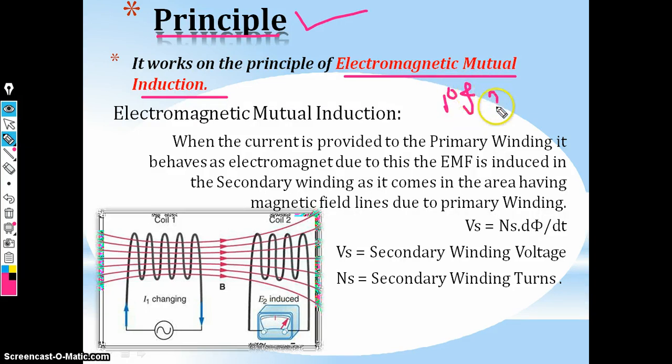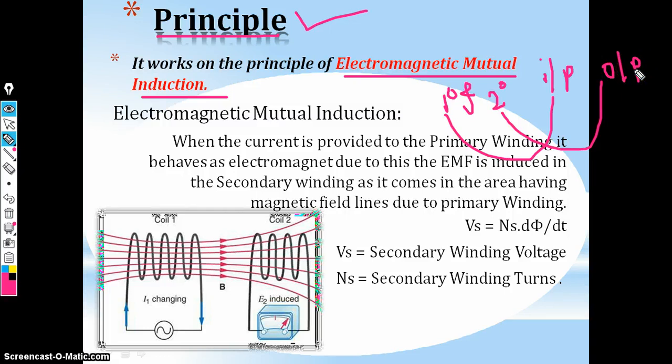The primary winding is connected to the input side and the secondary winding is connected to the output side.